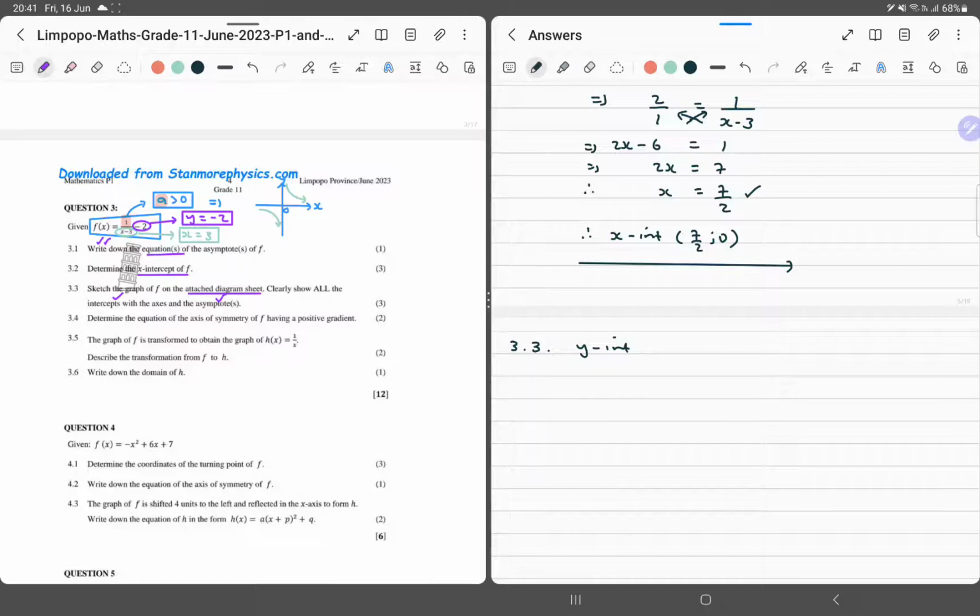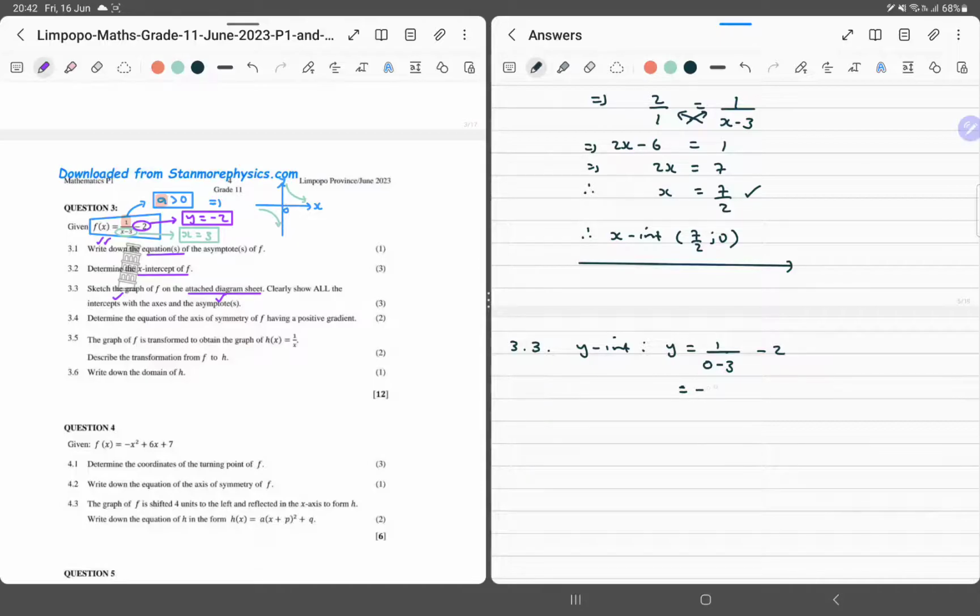It's important. So for the y-intercept, we have y is equal to 1 over 0 minus 3, minus 2. So this is basically minus a third, minus 2. Minus 2 becomes plus 6 over 3, plus 1 equals 7, divided by minus 3.